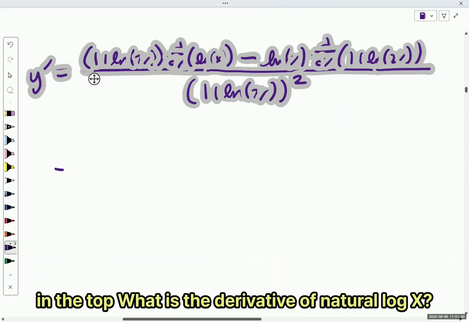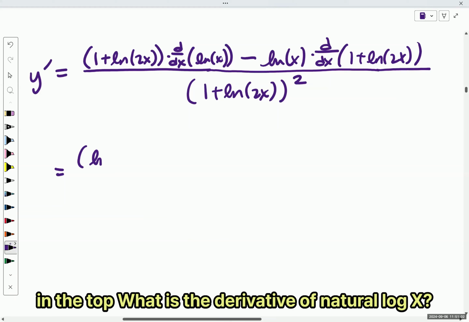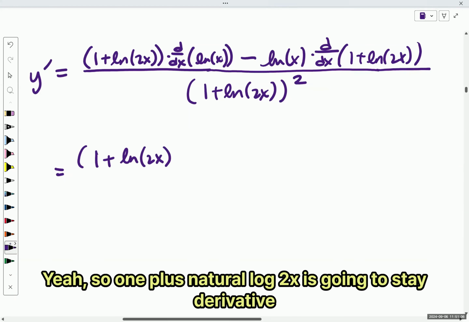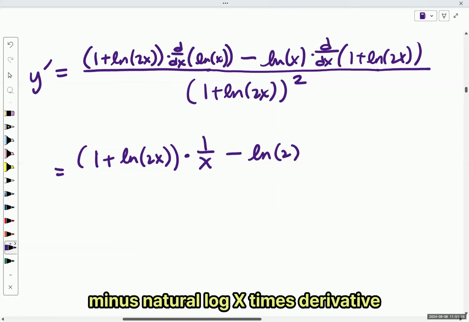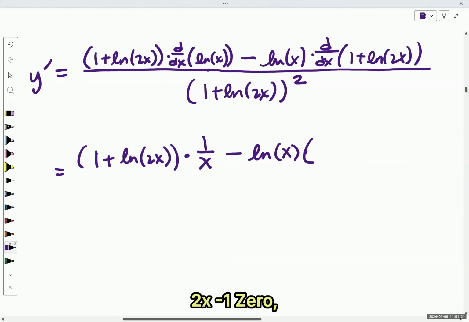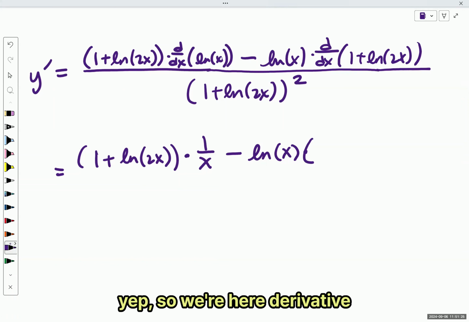In the top, what is the derivative of natural log x? Yeah, so 1 plus natural log 2x is going to stay. Derivative of natural log x is 1 over x. Minus natural log x times derivative of 1 plus natural log 2x. Derivative of 1, 0. Yep, so we're here.